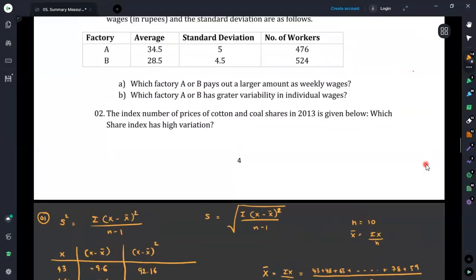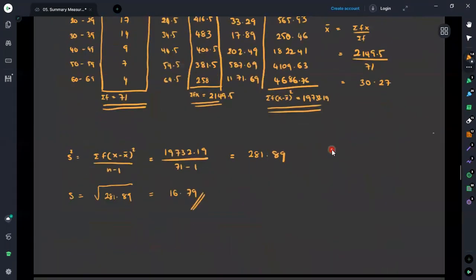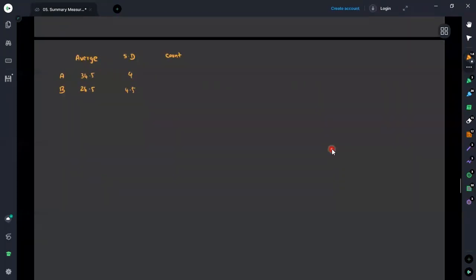And the number of workers in each factory is given as 476 and 524. In the first part, it is asking which factory pays more as wages.